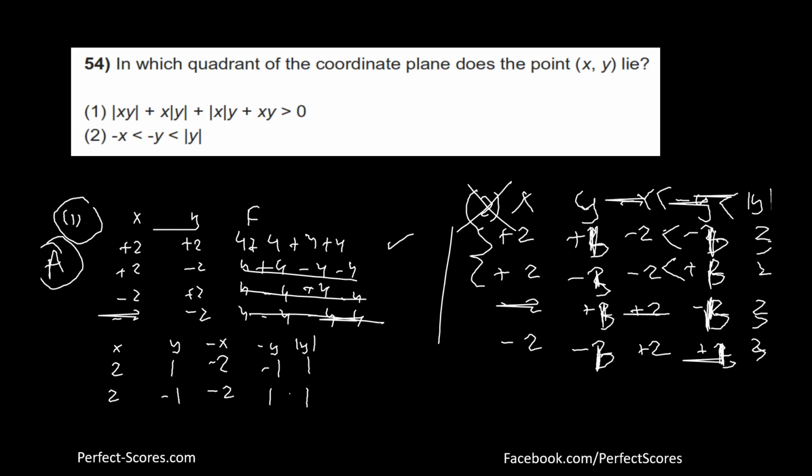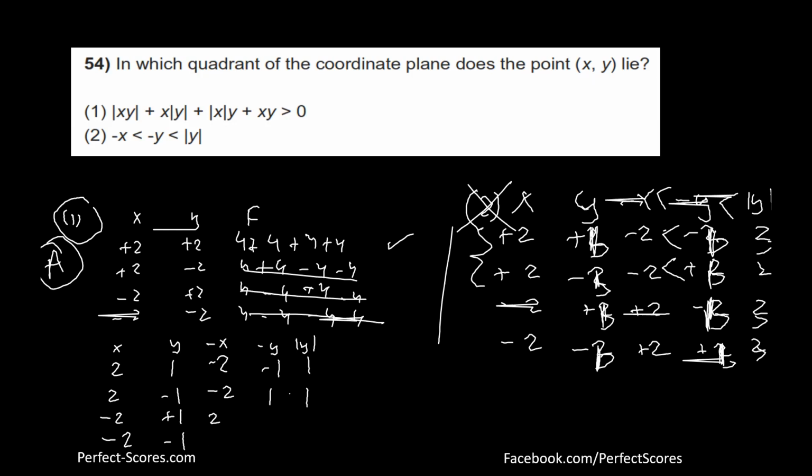Okay, let's try the next one, which is negative 2, and then negative, positive. Then let's try positive 1, and then this would be negative 2, and then we will try negative 1. So negative 2 and negative 1. So what is this? This is positive 2.